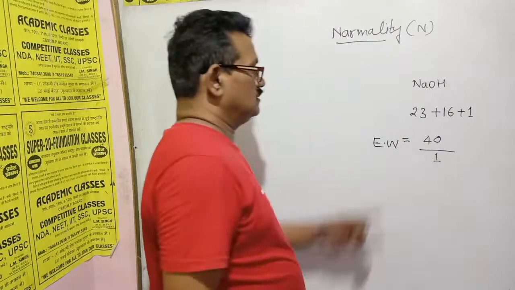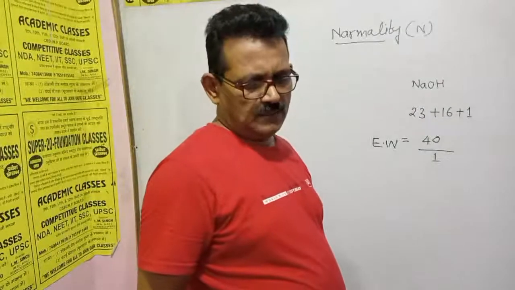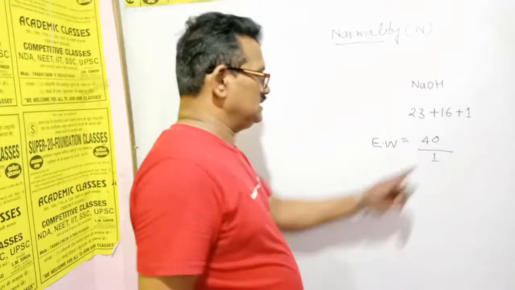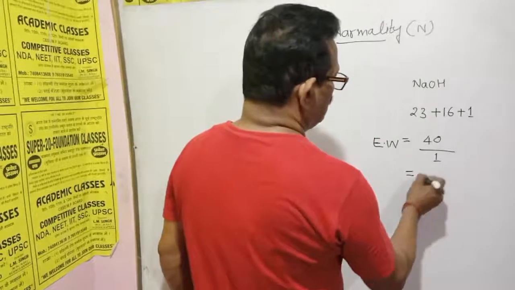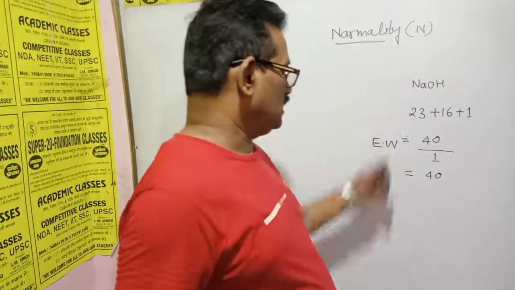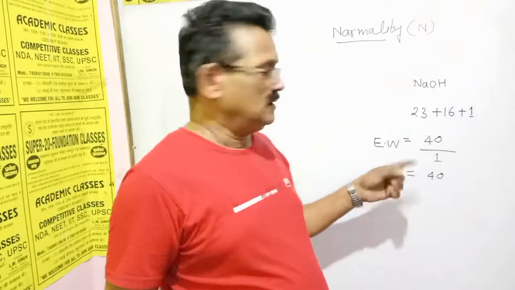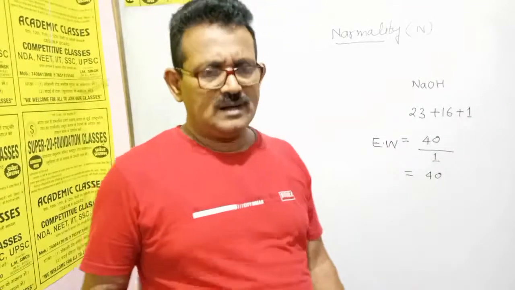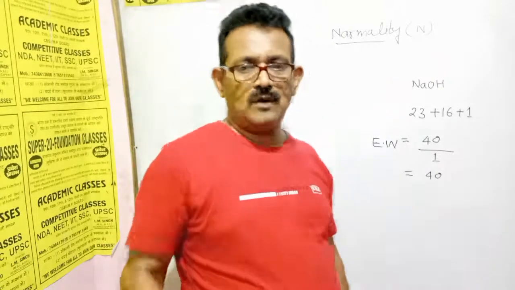Sodium has valency 1, so the equivalent weight of sodium hydroxide is 40. Then you can also calculate the equivalent weights of other compounds.